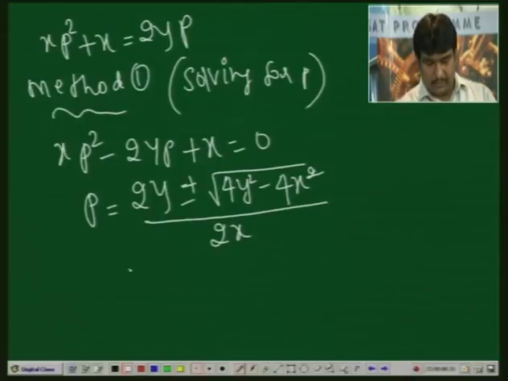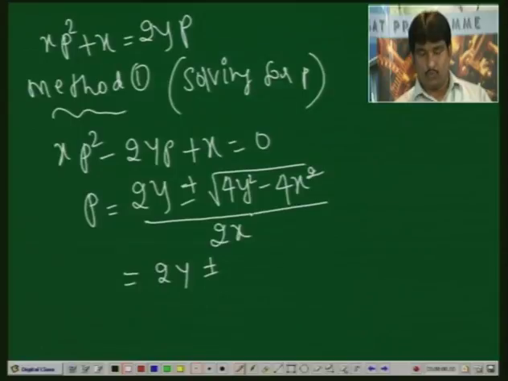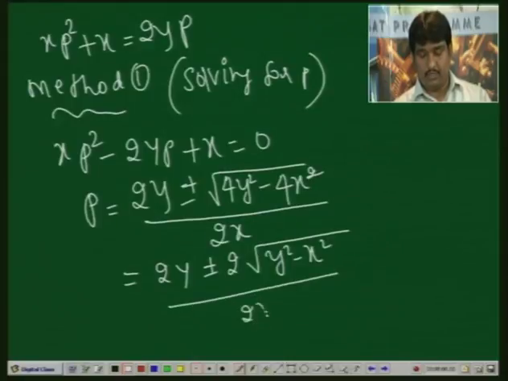Now simplify this. This is 2y plus or minus, take 4 outside to get 2 times root of y square minus x square, divided by 2x.